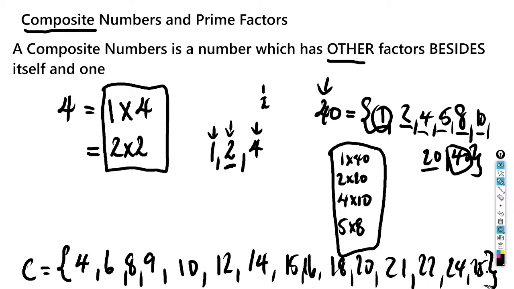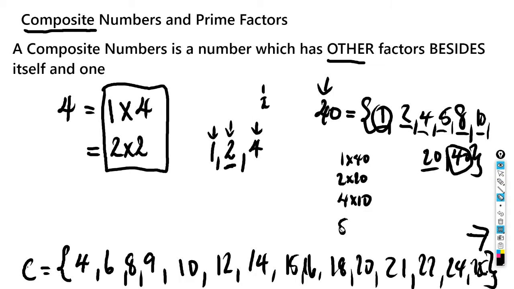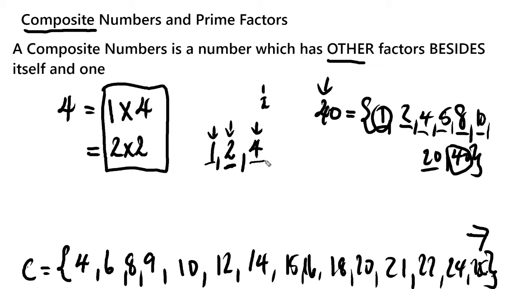The list really goes on forever. There are many numbers that have more than 2 factors. I think that's the best representation of what a composite number is. It just has more than 2 factors, more than one and itself. So I think we're pretty much fine with that now, and we can move on to prime factors.